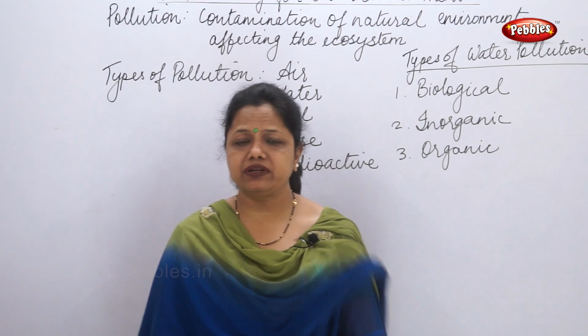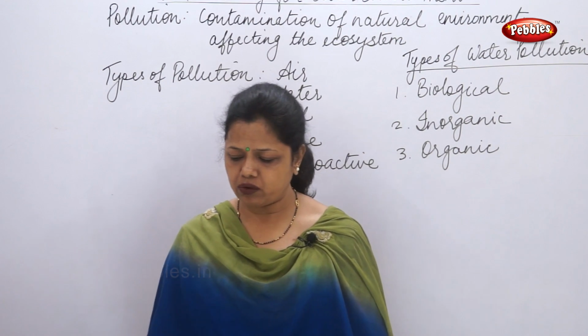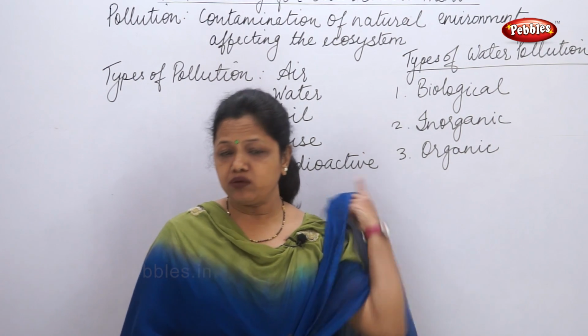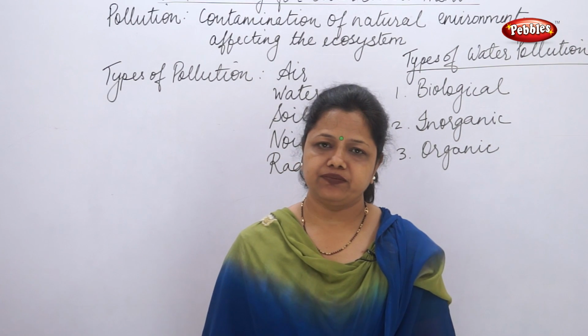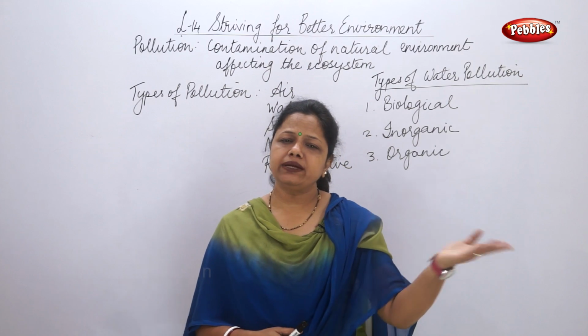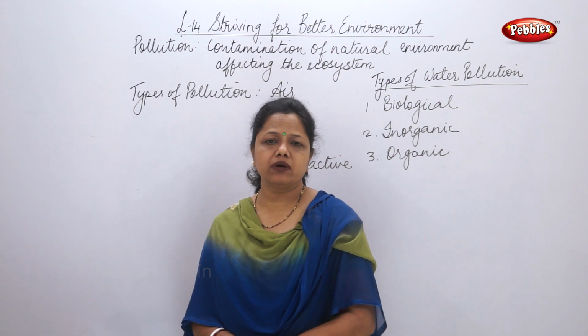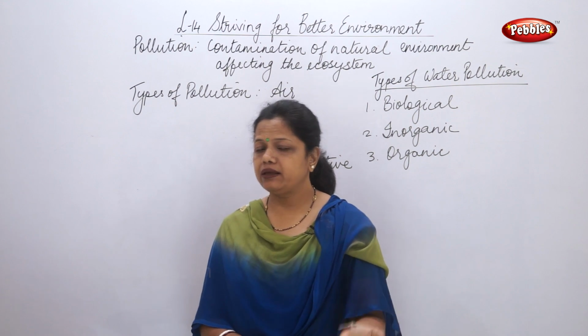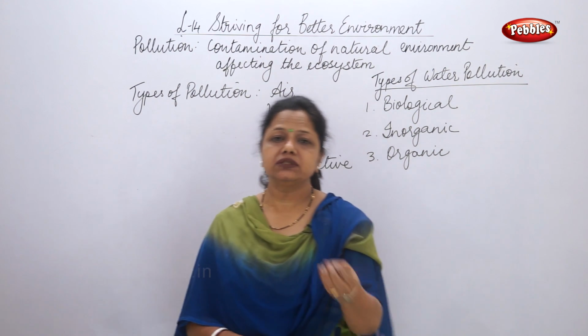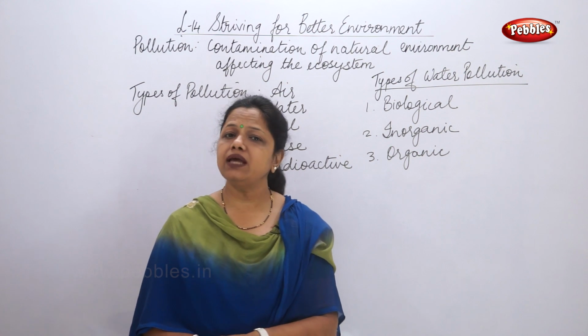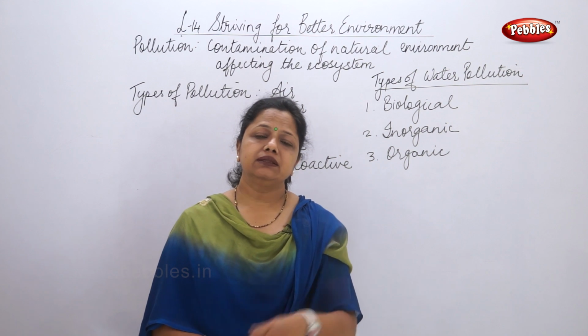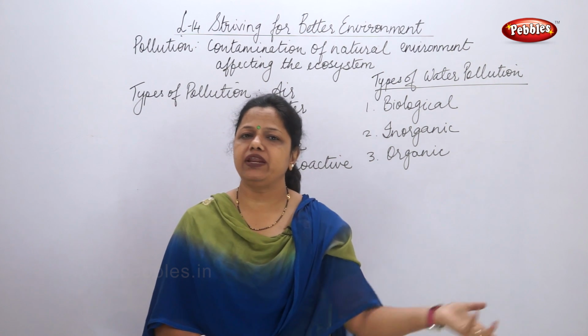Then another major effect is eutrophication, or nutritional enrichment. What is happening? So many types of sewage water and industrial water are entering the water body. Many types of organic and inorganic compounds are provided. Now, when they are provided to the water body, the algae start growing very fast.